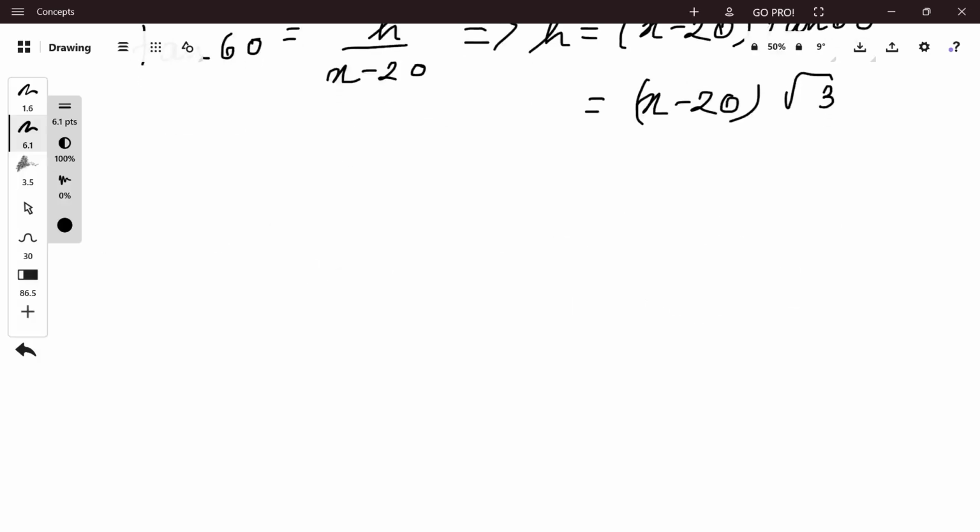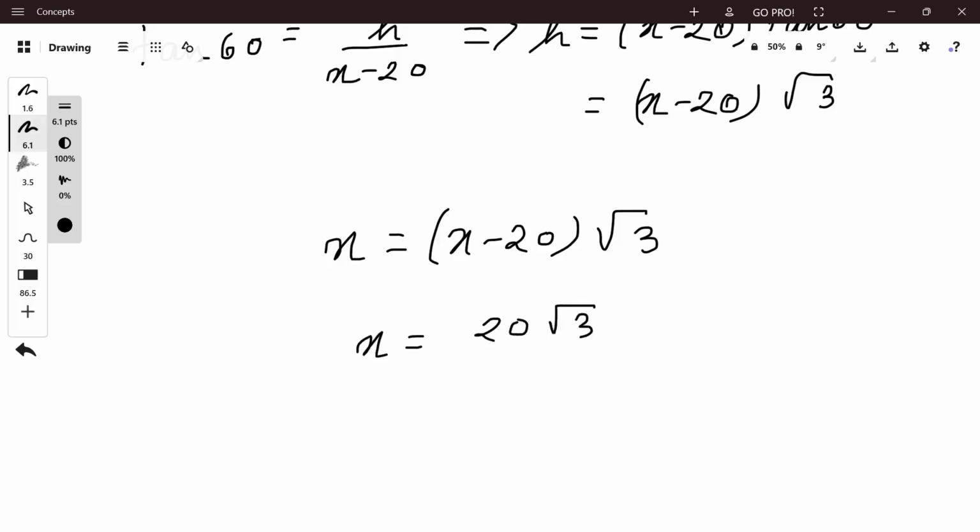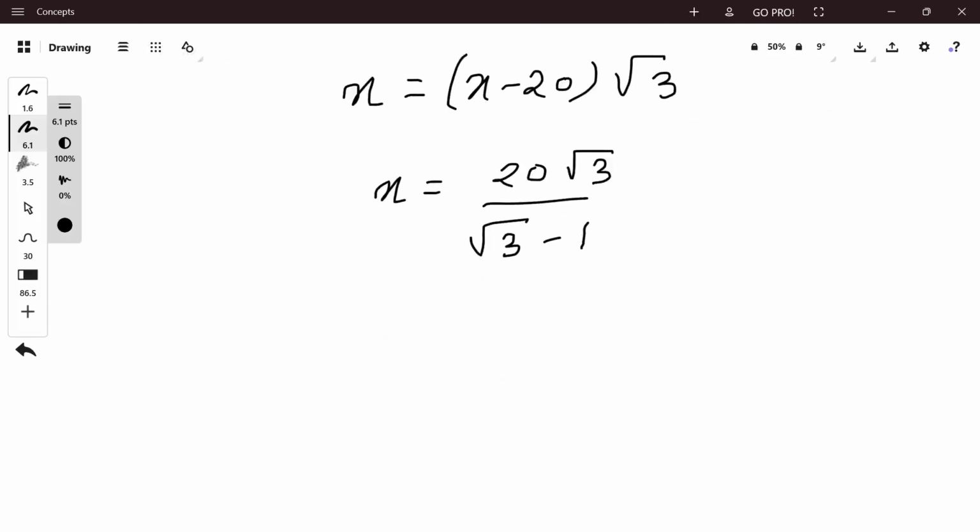Equate the expressions for h, that is x is equal to x minus 20 root 3, that is x is equal to 20 root 3 upon root 3 minus 1. The height h is equal to x.